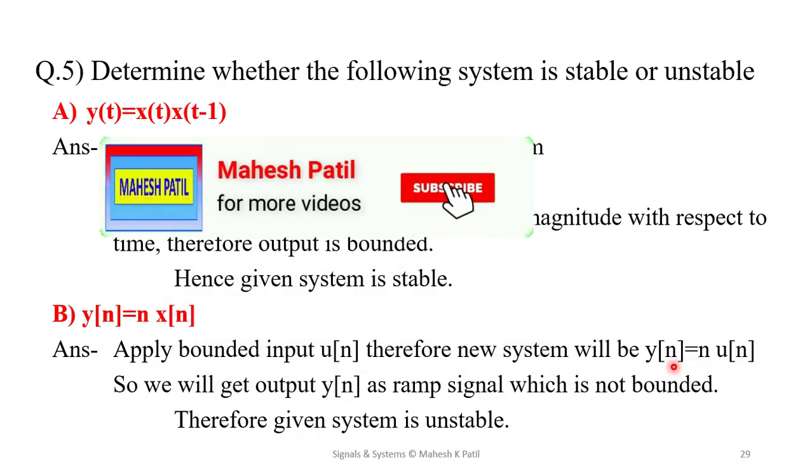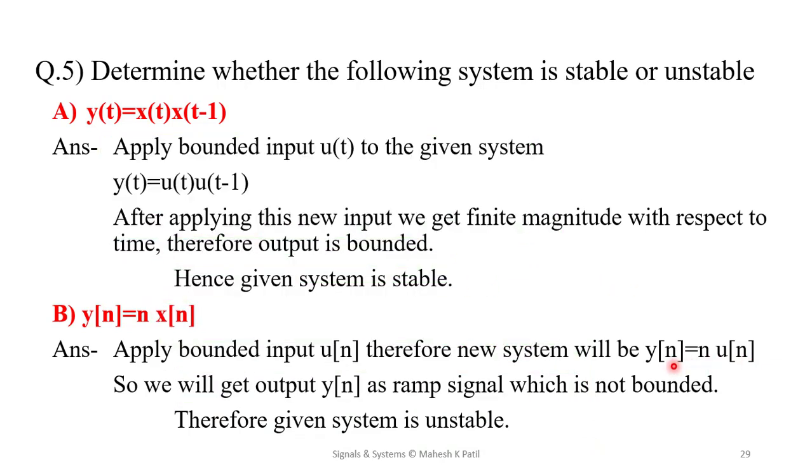As the n value changes from 0 to infinity, our system will give output y(n) as a ramp signal, and this ramp signal is not going to end, it is going up to infinity. Meaning for the bounded input we are not getting bounded output. Meaning this given system is an unstable system.